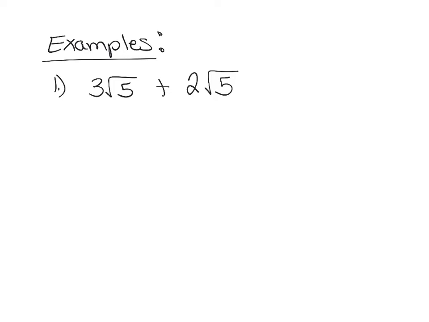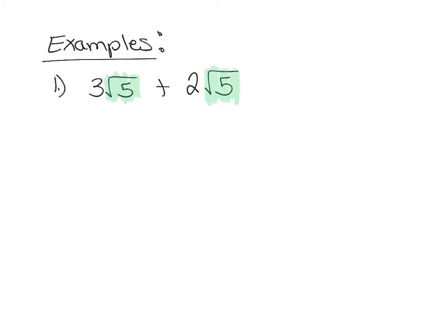Okay, so I have 3 radical 5 plus 2 radical 5. Now if I tried to do a factor tree and simplify radical 5, 5 only goes to 1 and 5. I can't simplify those two radicals. However, I do realize that this has a square root 5, and this also has a square root 5.